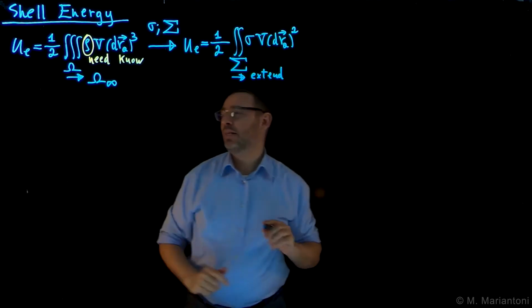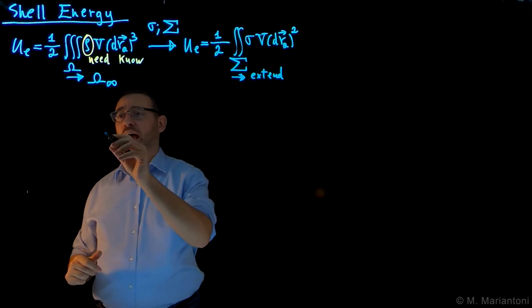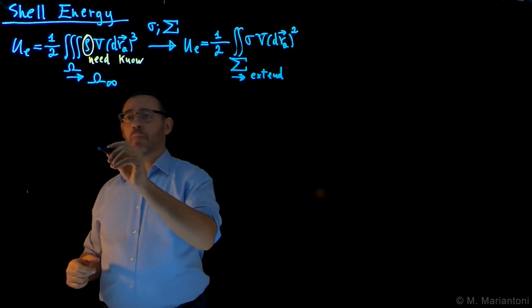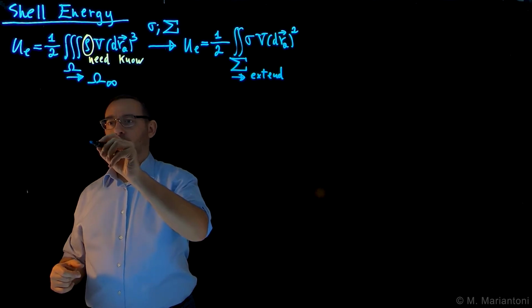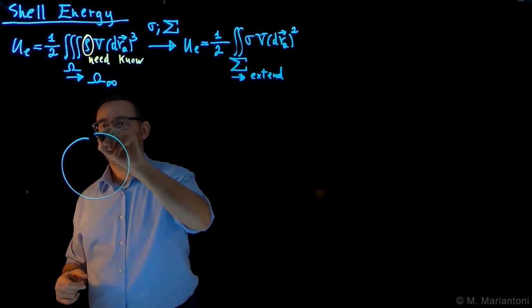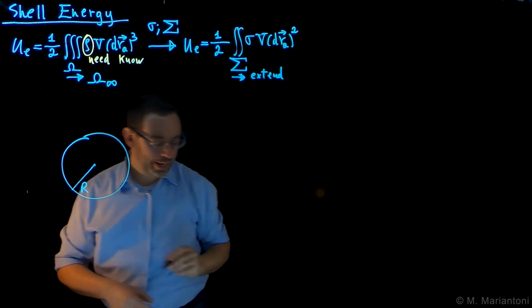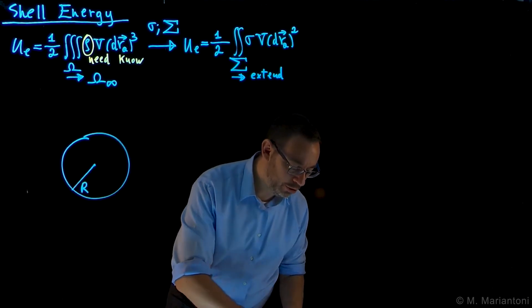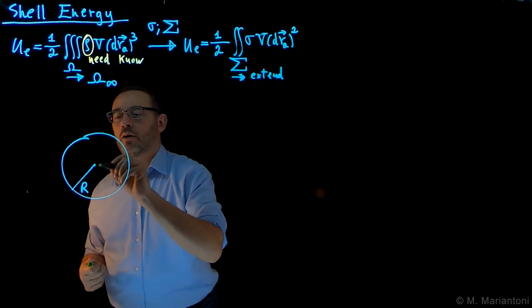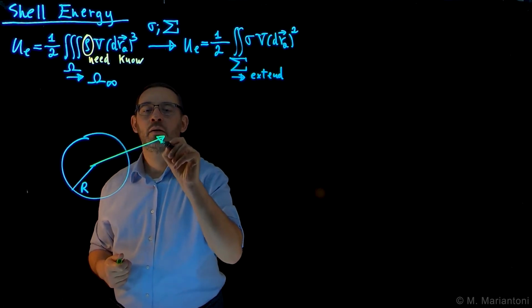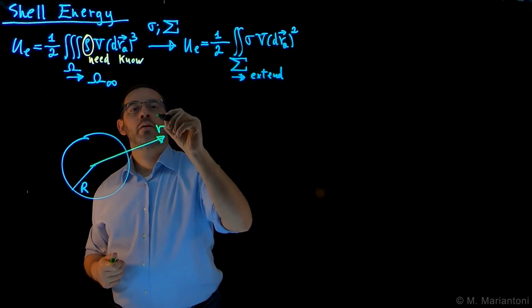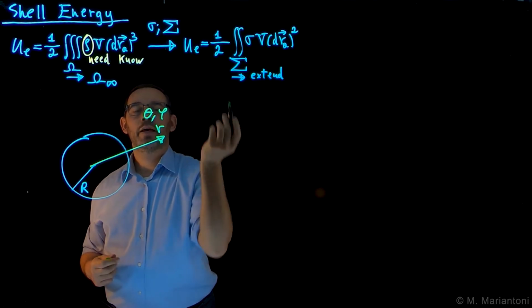For example, let us consider a charged shell, which is empty inside. So the shell looks like this. This is the center of the shell, which has a radius capital R. As always, we choose a spherical coordinate system with coordinates R, theta and phi as well.